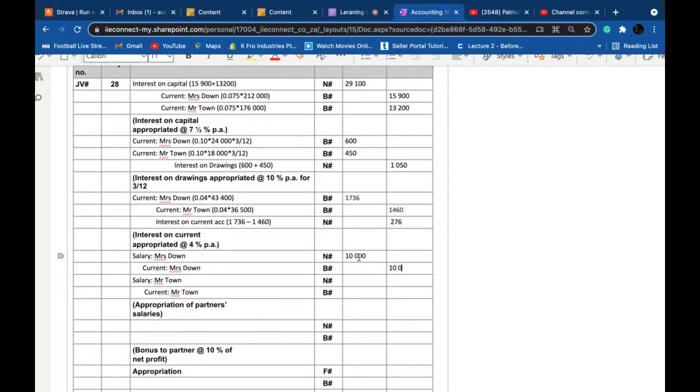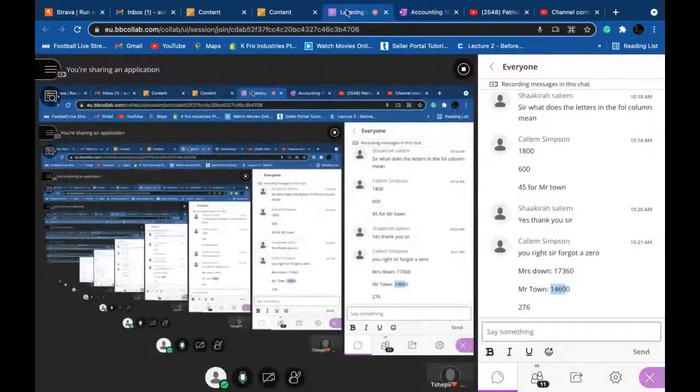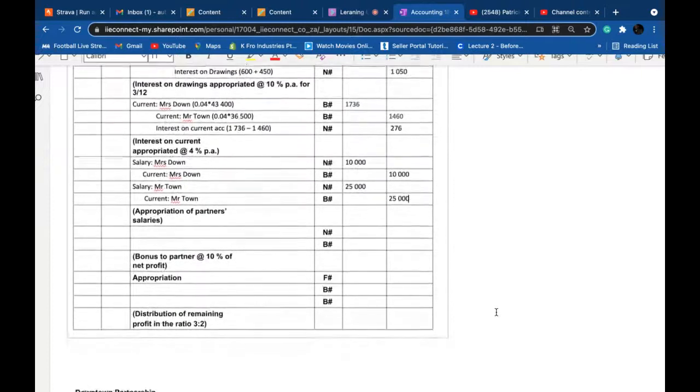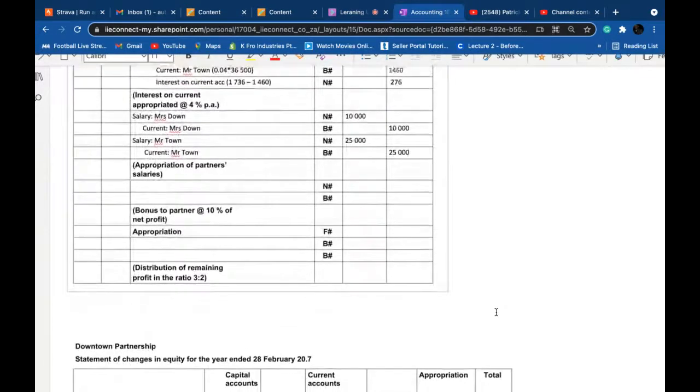For debit and credit, 10,000. And for Mr. Town, it was 25,000. Okay. Hit something in the chat. Okay. Cool. So we've dealt with that as well.